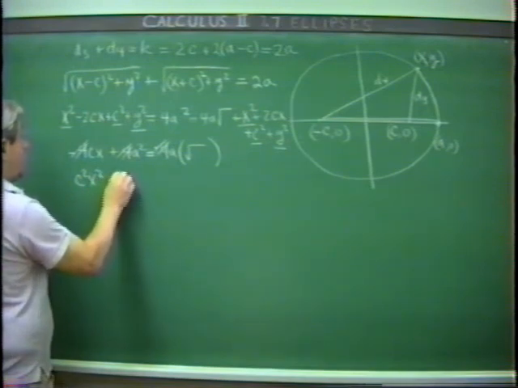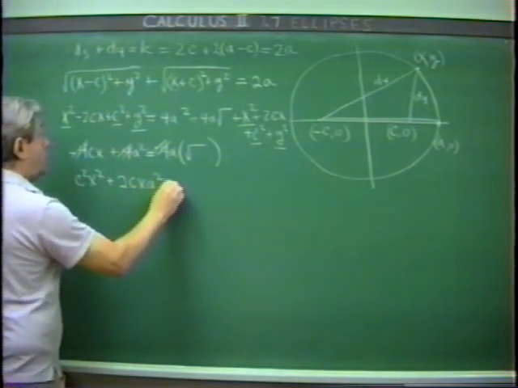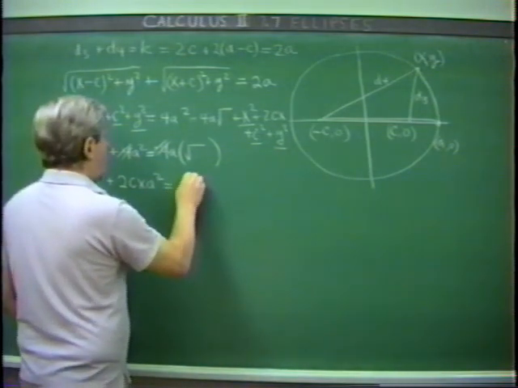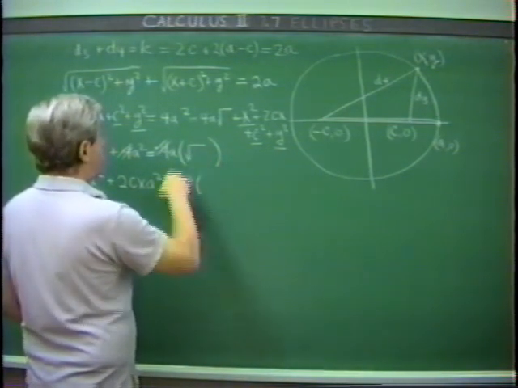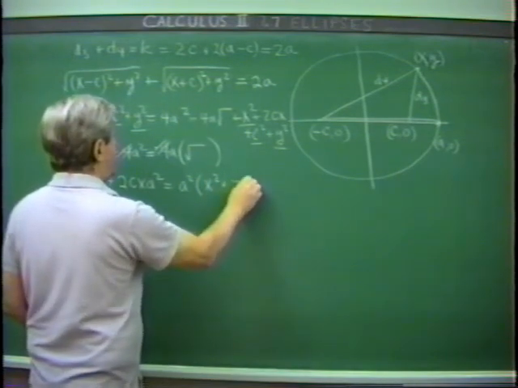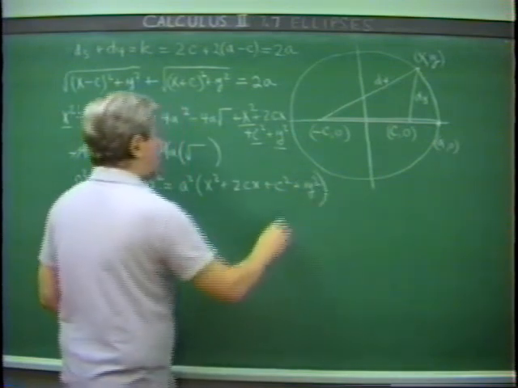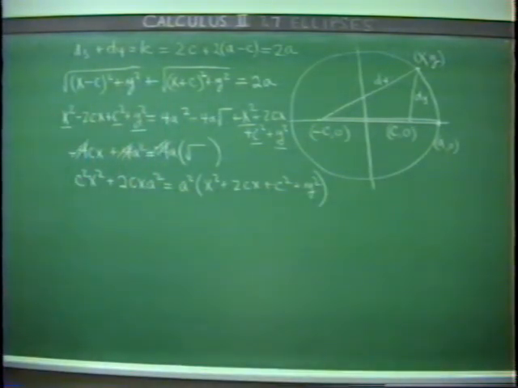And now what I'm going to do is square both sides. So on this side here I'm going to get c squared x squared plus 2cxa squared is equal to a squared times the square root squared. That's to say x squared plus 2cx plus c squared plus y squared.